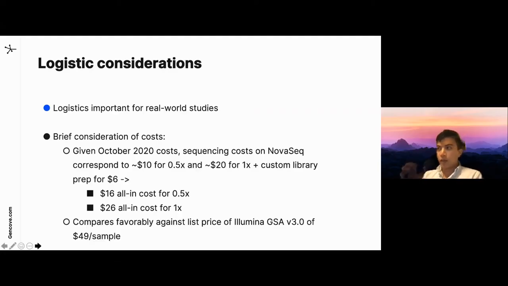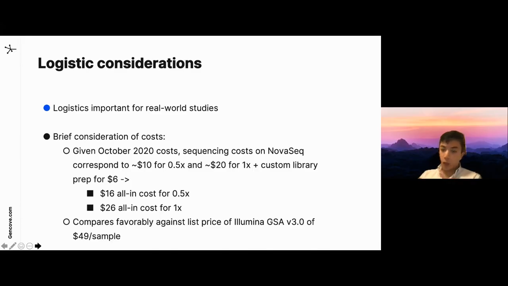The cost of sequencing can basically be broken down into two main costs. One is the actual sequencing cost, like how many dollars per gigabase. And the other part is how much it costs to prep a library. Given October 2020 costs, the sequencing costs on NovaSeq, if you fill the entire flow cell, correspond to $10 for 0.5x, so that's around 1.5 gigabases, and $20 for 1x, so around 3 or 3.3 gigabases.